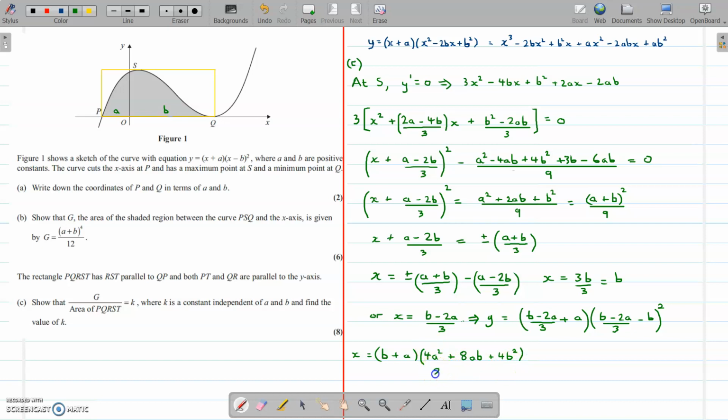That's a common denominator that's come out of the cubing of this, you see. You can check all this out, but that's what you get to.